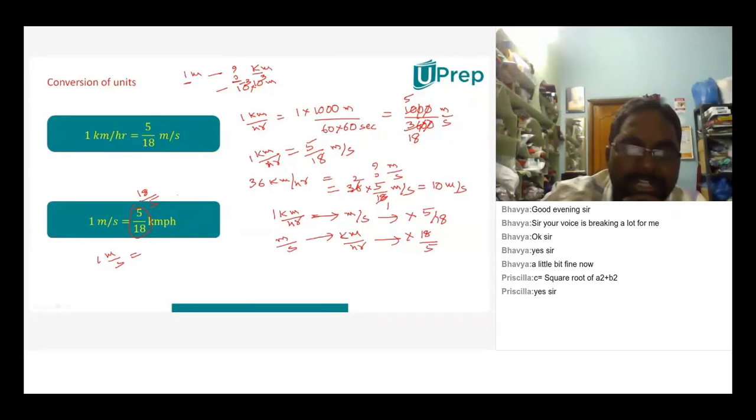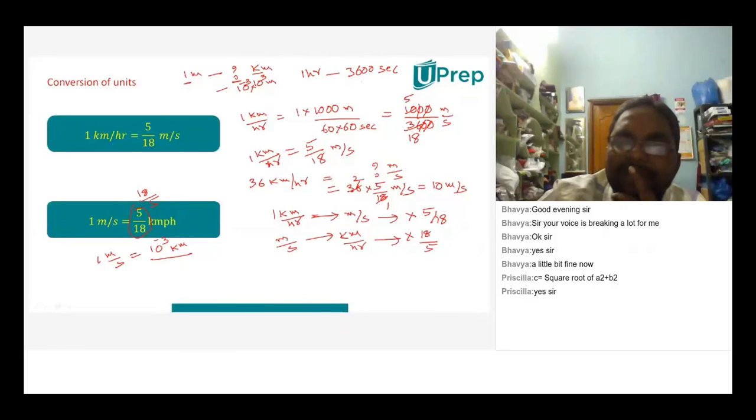So let me write like this here. 1 meter is equal to 10 power minus 3 kilometer divided by 1 second is equal to how many hours? 1 second is equal to how many hours? 1 hour is equal to, you know, 3600 seconds.